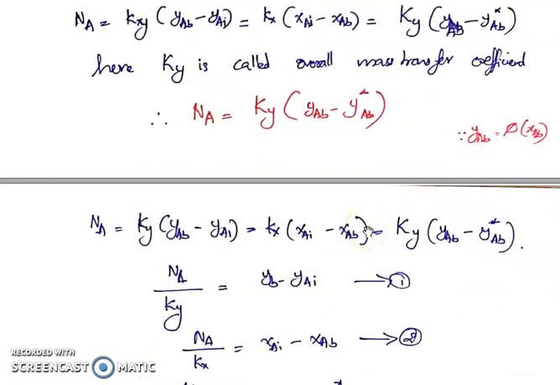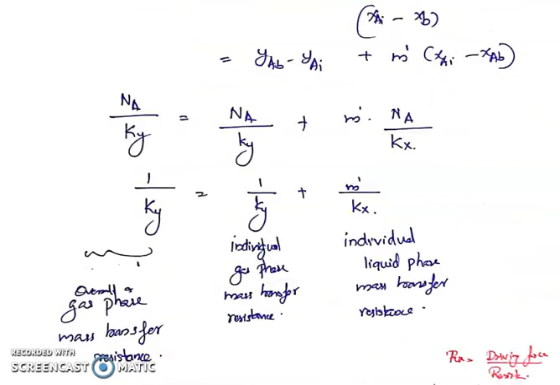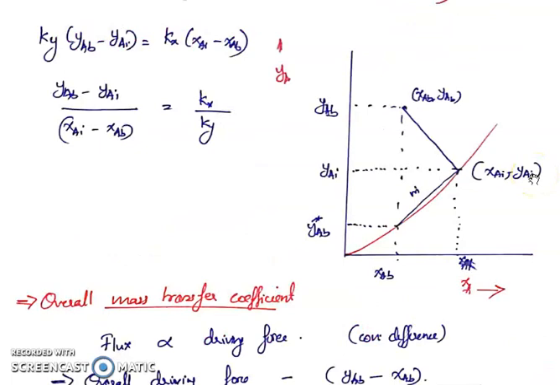But if you look at this plot, YAI minus Y star AB by XAI minus XAB is the slope of the line connecting these 2 points. This point here is the interfacial point corresponding to interfacial mole fractions, and this point here is Y star AB comma XAB.